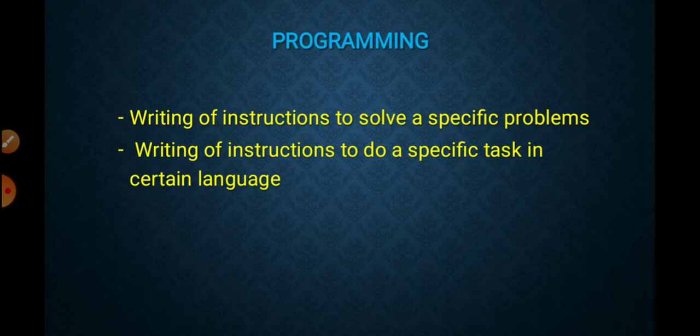Programming means writing of instructions to solve a specific problem or to do a specific task in a certain language. So program means set of instructions, programming means writing of instructions.